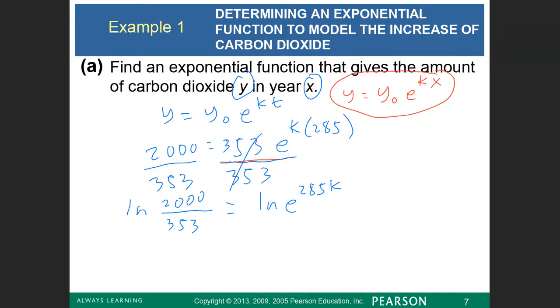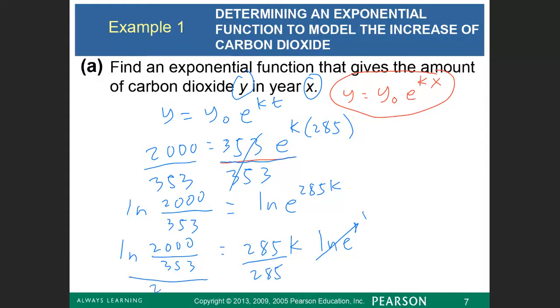So the next step would be ln 2000 divided by 353, and we will get 285k here times ln e. So ln e is 1, then we can solve for k here by dividing 285 on both sides. So k can be solved.